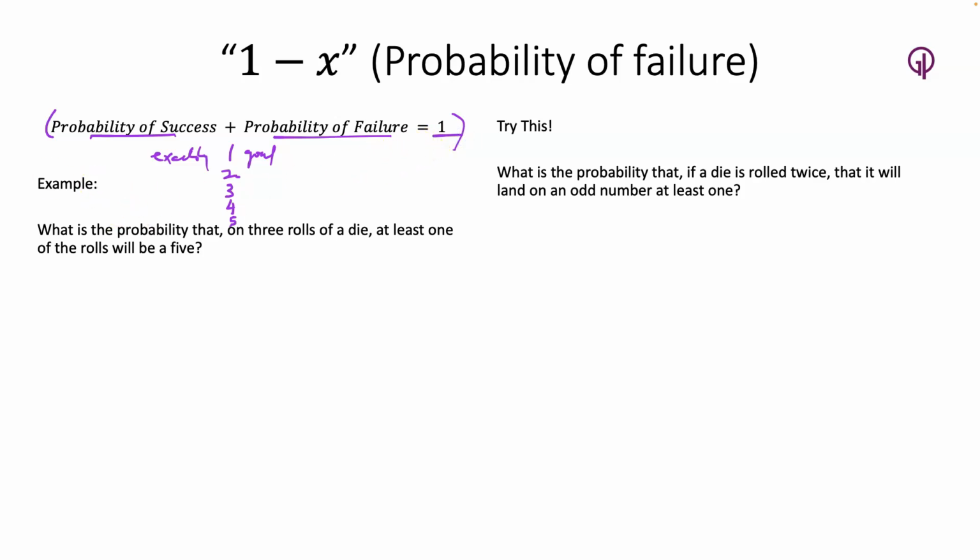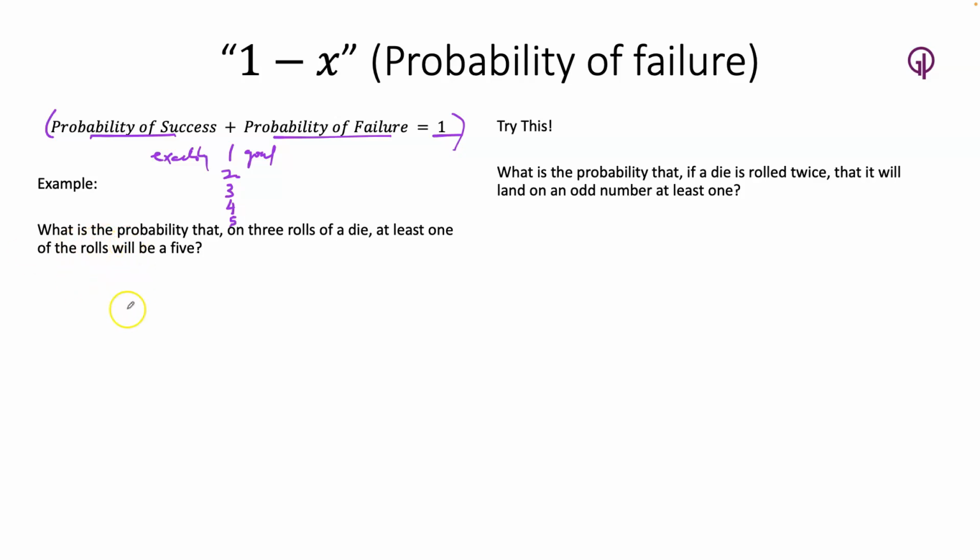Let us consider this example to demonstrate what we've spoken about. What is the probability that on 3 rolls of a die, at least one of the rolls will be a 5?